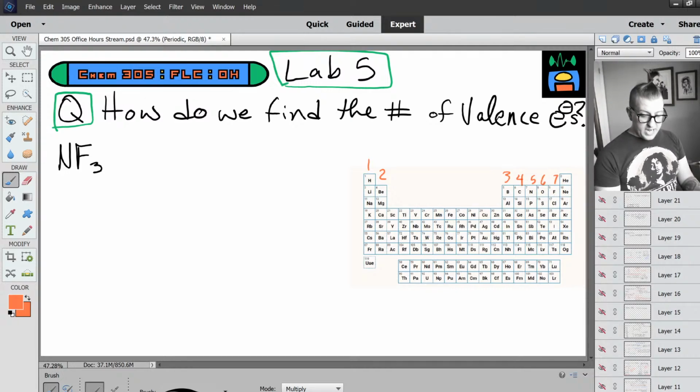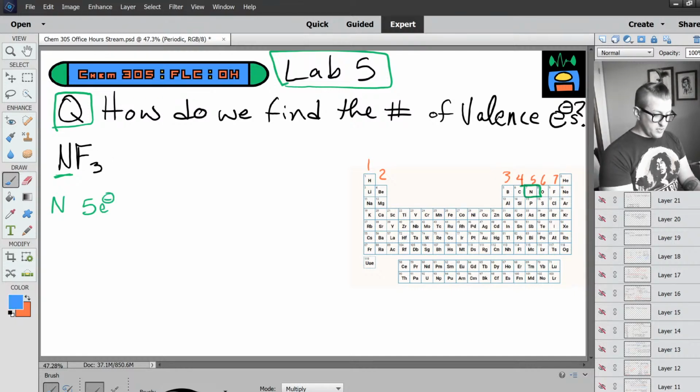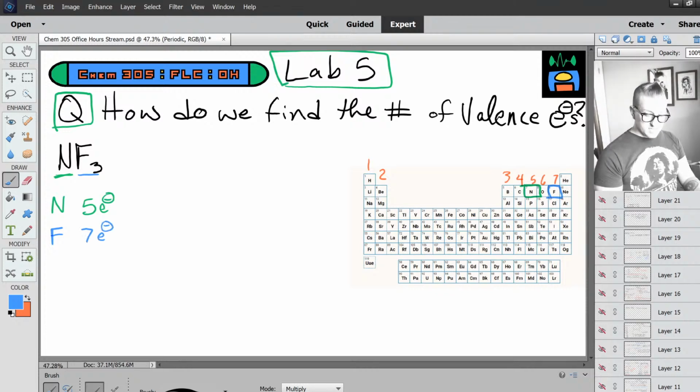All right, so we have to determine the number of valence electrons in this molecule. We have to locate nitrogen. Okay, nitrogen is in column 5. So there are 5 valence electrons there. Next we do fluorine. Fluorine is in column 7. That means it'll have 7 valence electrons, but we have 3 fluorines in this molecule, so we need to multiply that 7 by 3.